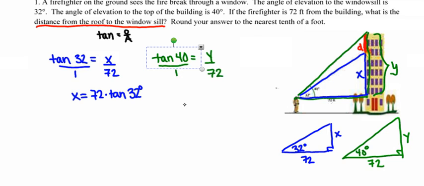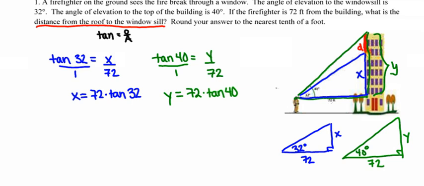Again, I'm going to put that tangent of 40 over 1 so that I can cross multiply. So y is now equal to 72 times the tangent of 40 degrees, or the tangent of 40. You can or don't have to put the degree sign on. It doesn't matter. It's right either way. I'm going to take my degree sign off that first one just so that both of them are consistent and the same.